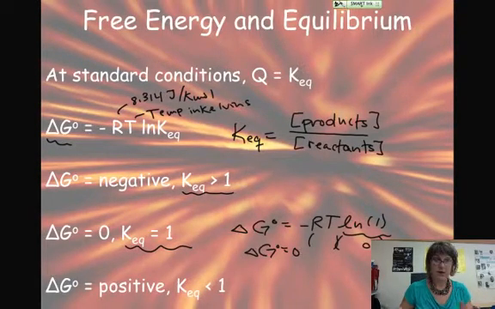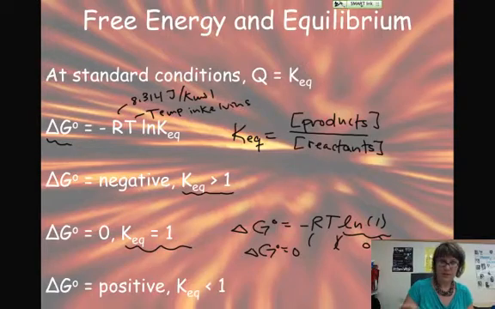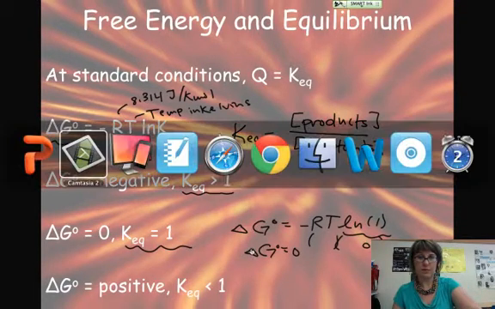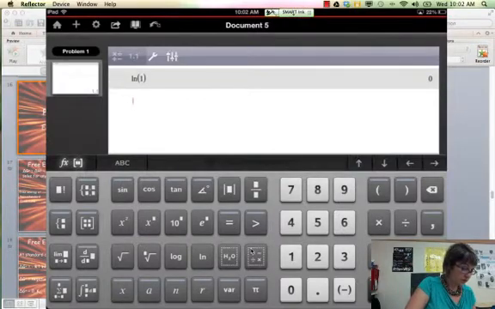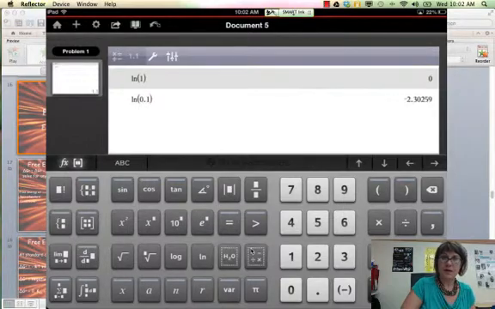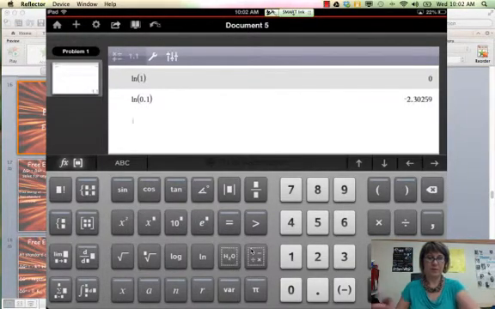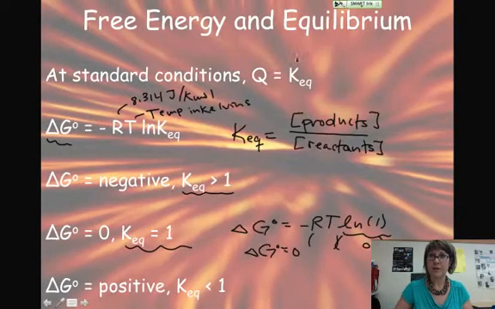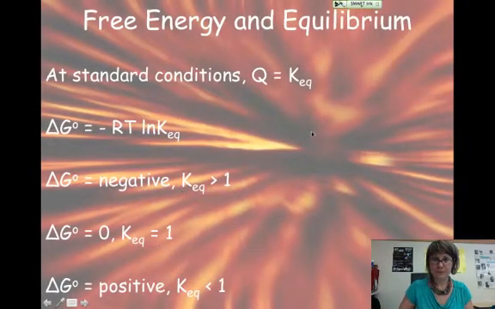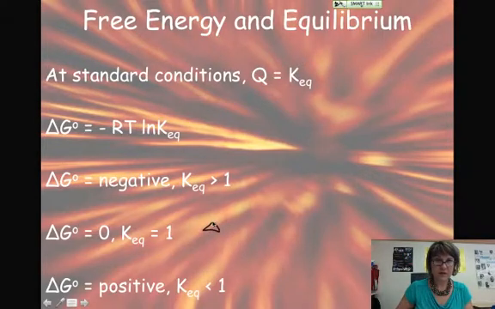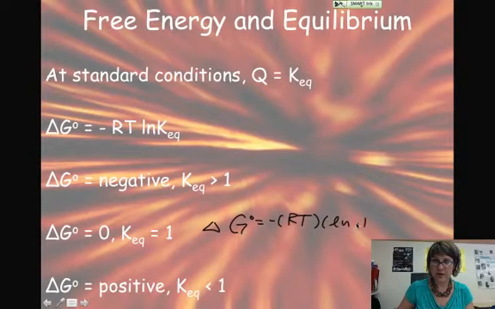Now let's look at something less than 1, right? If KEQ is some number less than 1, what does that mean mathematically? So the natural log of 0.1, say, there's 1/10, right? That's less than 1. That's a negative value. So come back to our equation. So delta G for a KEQ that's less than 1 means delta G is going to have minus RT times the natural log of 0.1, say.